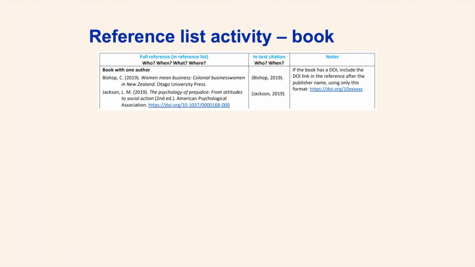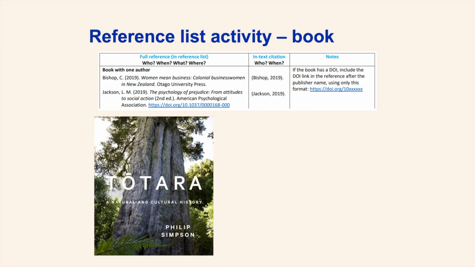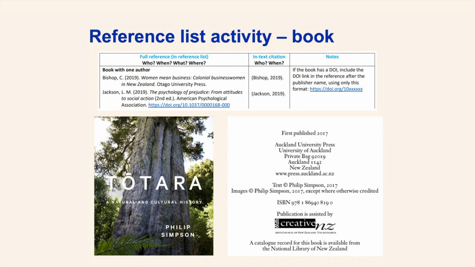You can use the screenshot of this example, along with information taken from the book cover and from the copyright details page, to create a reference list entry. Try to create a reference list entry for this book, paying attention to the content and detail required for APA referencing style. Pause the video now and have a go.